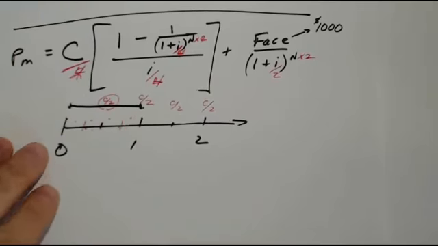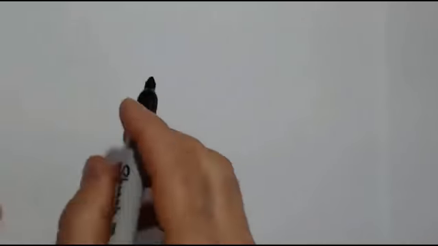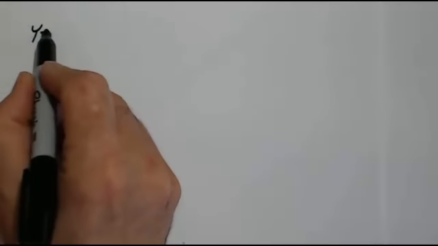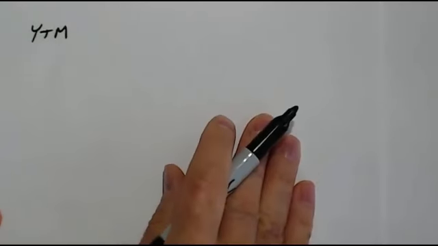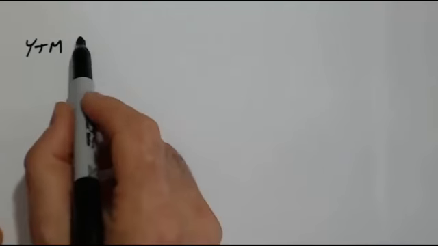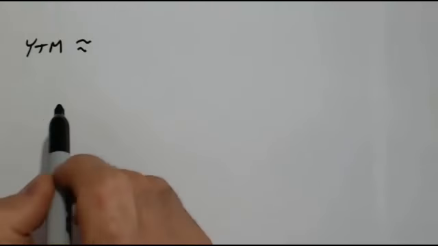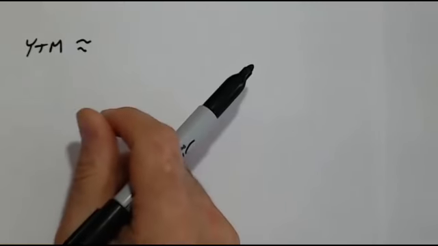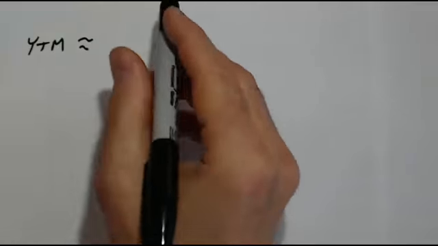Now, let's talk about yield. The bond's returns, or what's sometimes called a promised yield, is called the yield to maturity of the bond. And there's a formula for approximating that yield to maturity.